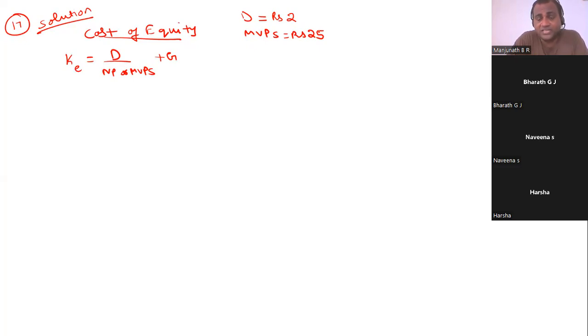That is the reason we just considered rupees 10 as a face value or 100 as a face value, and we worked on taking face value minus flotation cost, minus discount and plus premium. Now here, when the market price is given, we go with that.